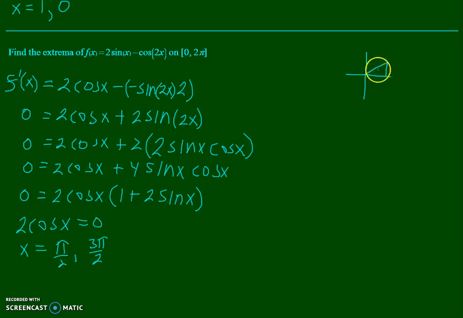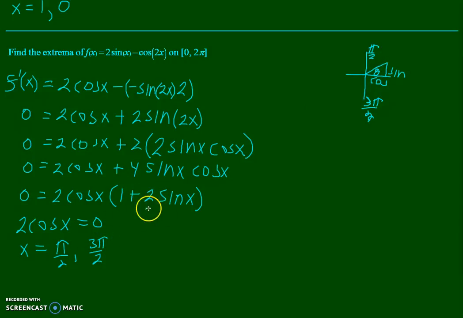Remember that with an angle here, sine is the y, cosine is the x. So what makes the x 0? It's when the angle is vertical and vertical. This is pi over 2, this is pi, this is 3 pi over 2. So, pi over 2 and 3 pi over 2 makes cosine 0.